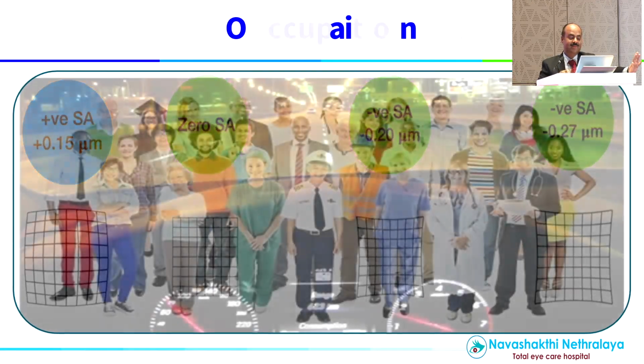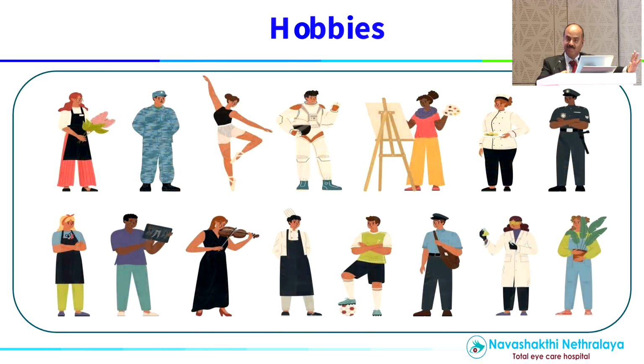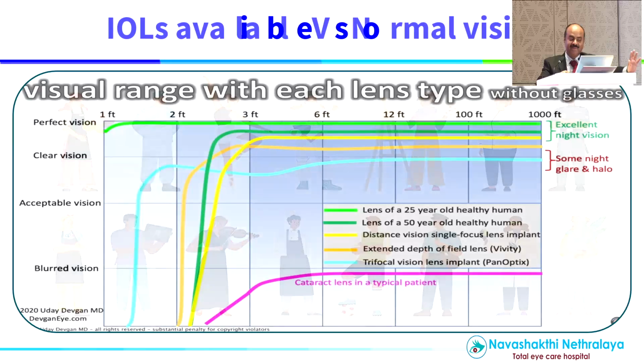Now, we have various occupations who may require intermediate, but when you calculate the spherical aberration, this is only for intermediate distance. Near vision, again need for glasses. Anyway, I don't assure these patients freedom from glasses. The monofocal IOLs where I do these changes, I don't assure them, but definitely many of them are doing well. Even the well established who go for monofocal, there are a lot of hobbies that need near vision.